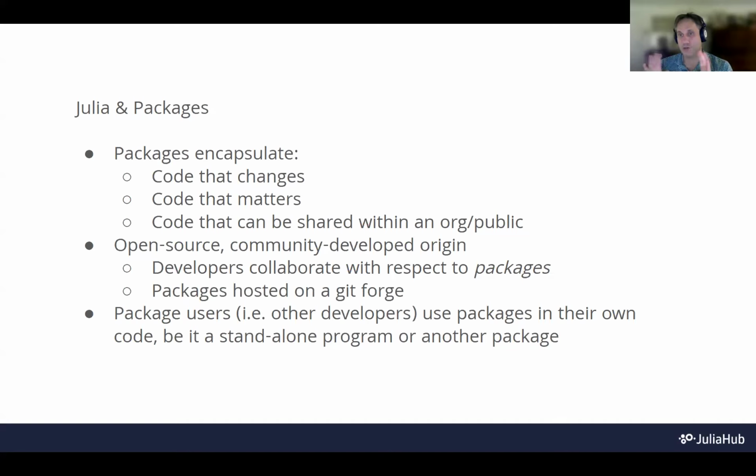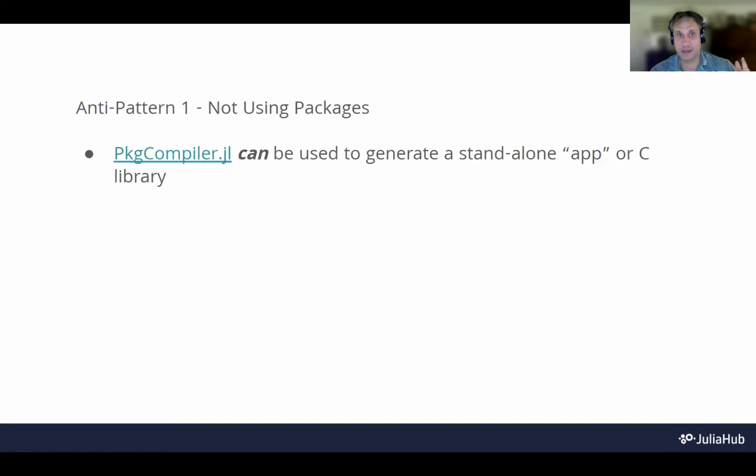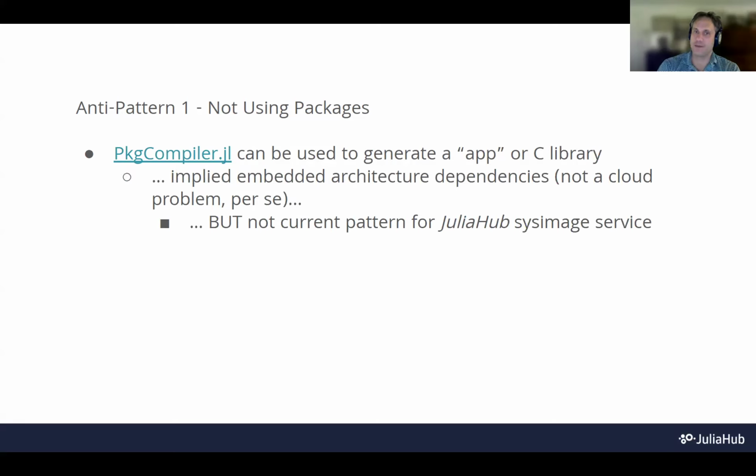So when you design your application, things that matter, things that change, things that can be shared, and most importantly, as we'll see, things that are costly, you should try to push into a package. Like I said, not using packages is the first anti-pattern I've encountered, but it is possible using PackageCompiler.jl.